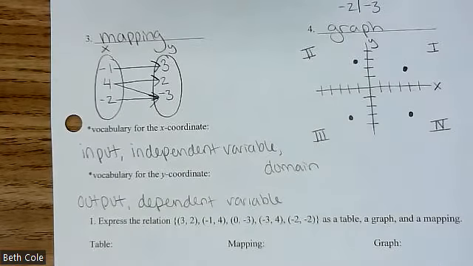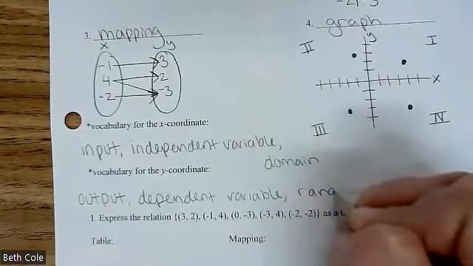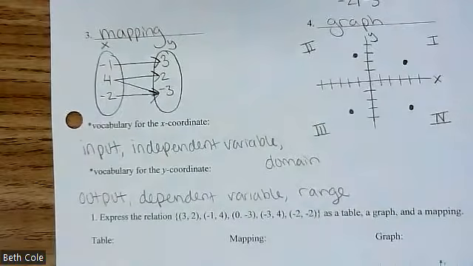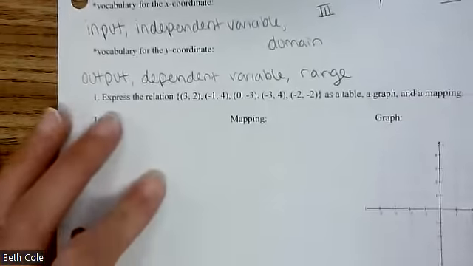Whatever you get for y depends on whatever x was in the first place, like what you plugged in. And then yes, it would be range. So you have domain for all the inputs, range for all the outputs. You hanging in there? We're all good, we're all on board. Okay. I know it's not super exciting, but you have to know it to pass high school, okay?